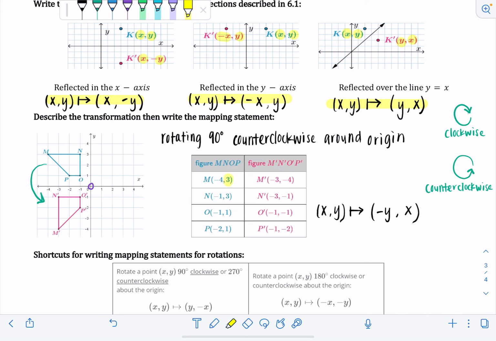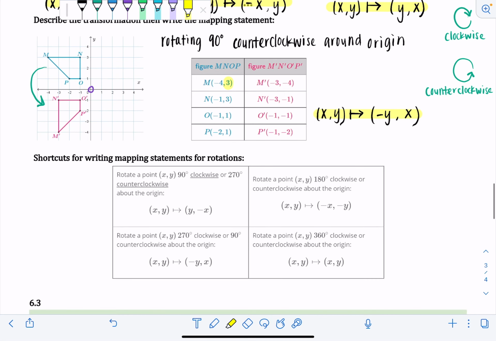So over here, that was my original Y. It became negative over here. It became a negative right here. It became negative right here as a first coordinate. So we have to put the negative over here on the first coordinate. Okay, so XY maps to negative YX.